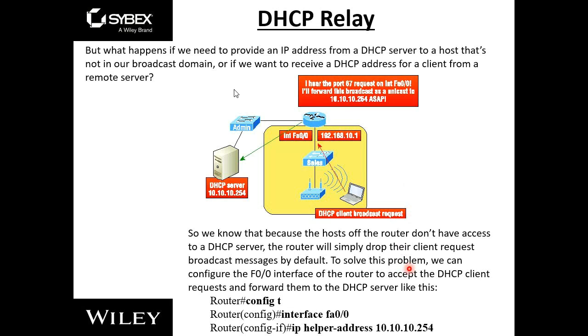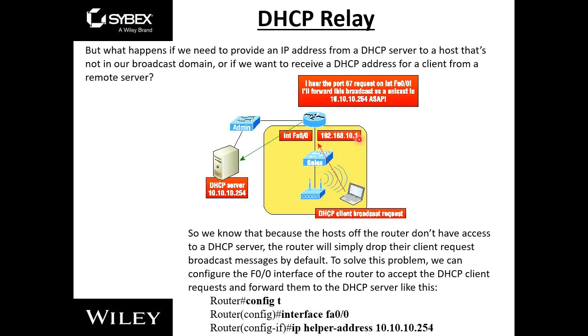And the only way this is going to happen is if we use an IP helper address command. Now, one of the things that confuses a lot of students is, where do I specify this? Remember that your DHCP server is on this network segment, which is 10.10.10.254.